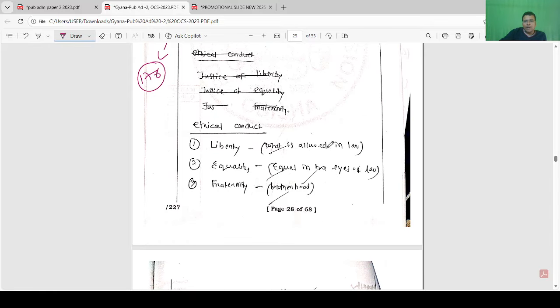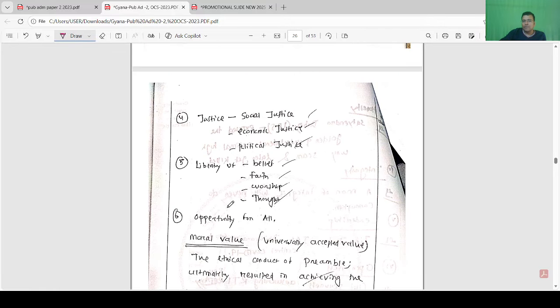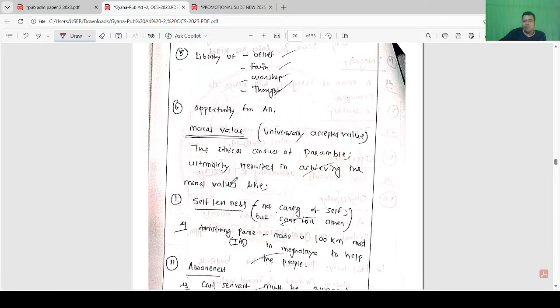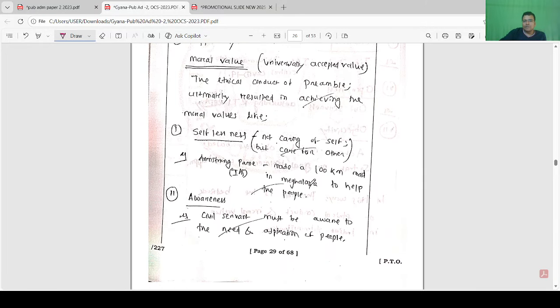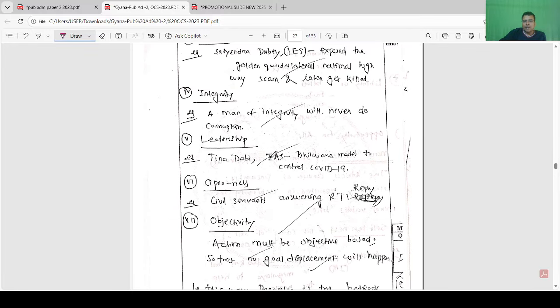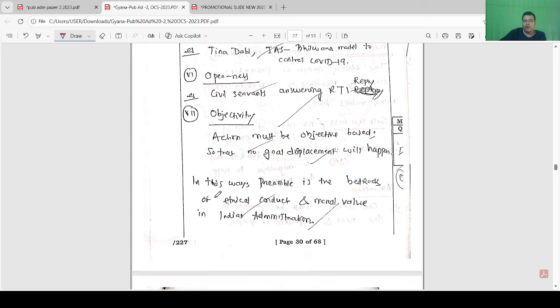Liberty, equality, fraternity: here you need to explain what is liberty, and how Indian administration is influenced by the word liberty, justice. Indian administration provides these moral values: selflessness, awareness, honesty, integrity, leadership, openness, objectivity.